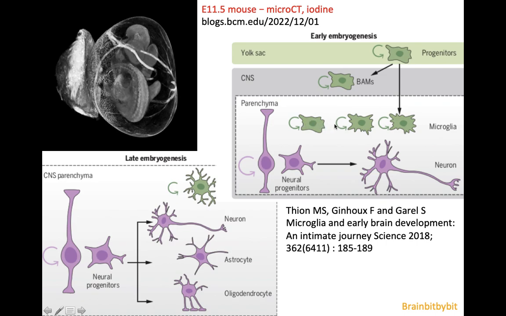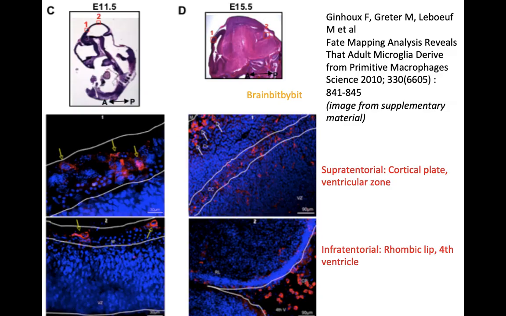And the microglial cells arrive very early in the brain, even before the astrocytes and the oligodendrocytes are formed. These are images which show how the microglial cells enter the CNS. This is again an 11-day-old embryo, so the same age as the micro-CT image on the previous one.